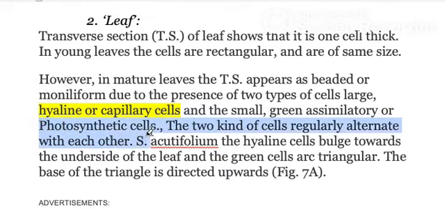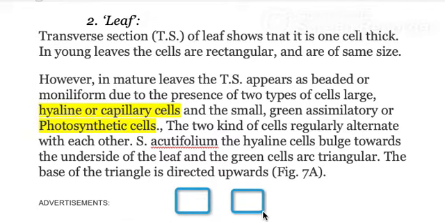The second type of cell is the photosynthetic cells. Okay, so you have two rows of hyaline cells that alternate with the photosynthetic cells. So these are the hyaline cells. They alternate with the smaller photosynthetic cells. So in this arrangement, this looks more or less like a bead.